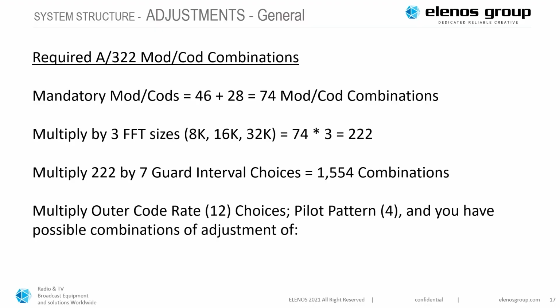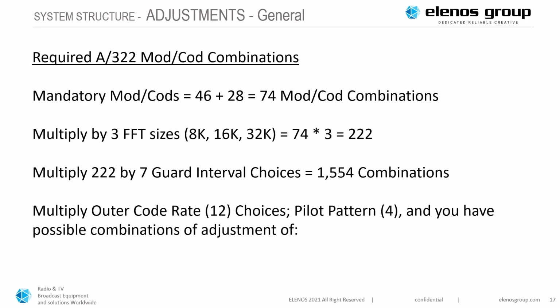So the adjustments, and I just did a quick calculation here. I did this on the way here today. There are 46 modulation and coding combinations. There are 3 types of fast Fourier transform methods.